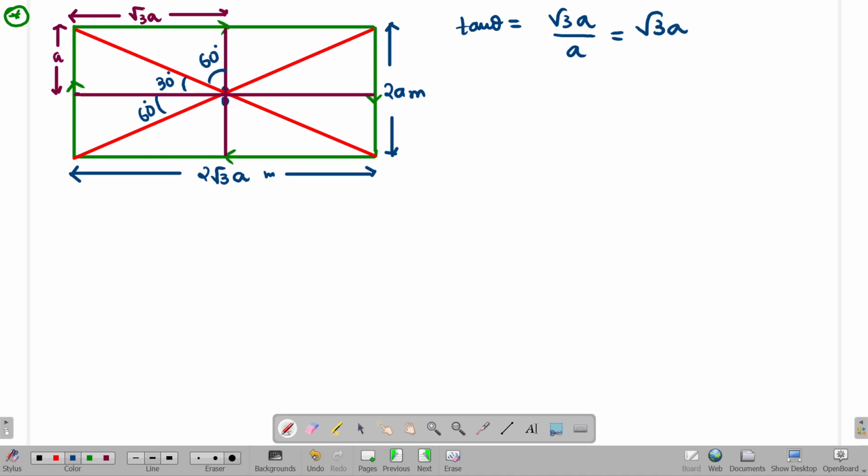That means tan theta is equal to sine 60 by cos 60, got it? If this is a, and this is the perpendicular, tell me, what is this angle?